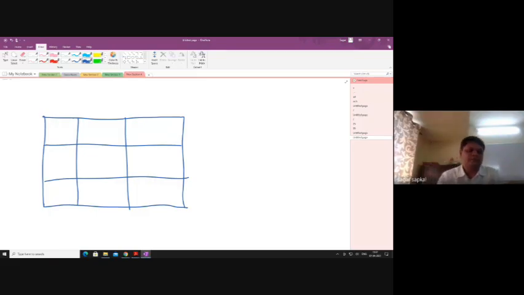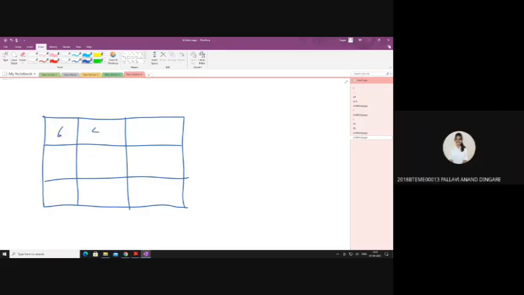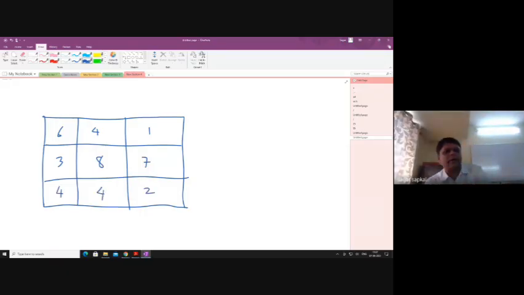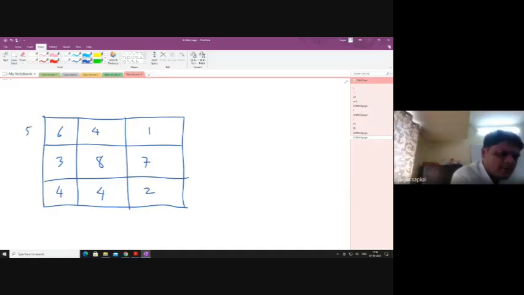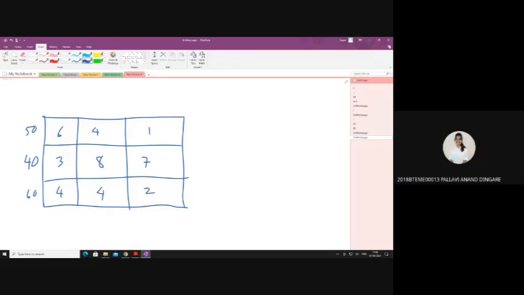Cij values: 6, 4, 1, 3, 8, 7, 4, 4, 2. ai values, supply: 50, 40, 60. bj values: 20, 95, 35.